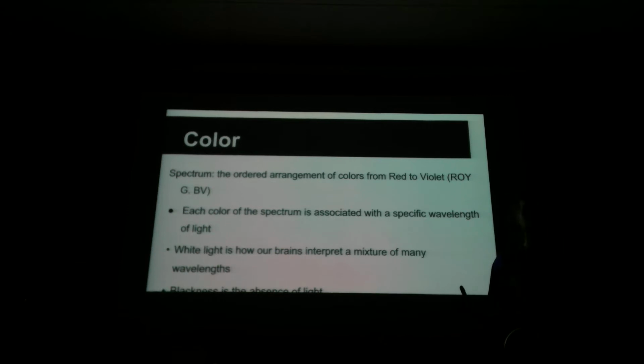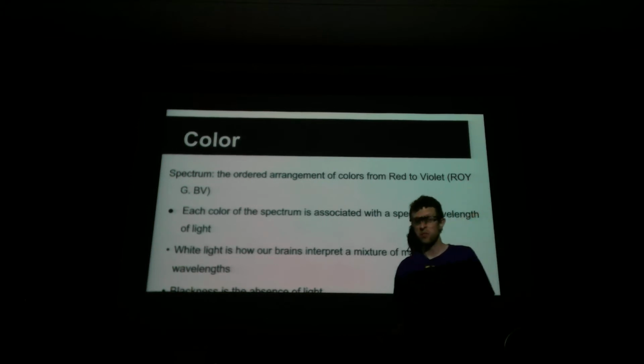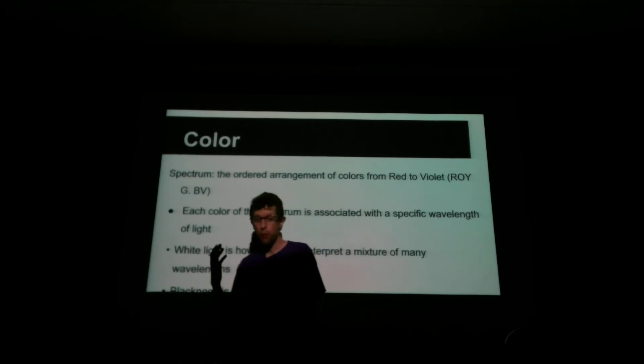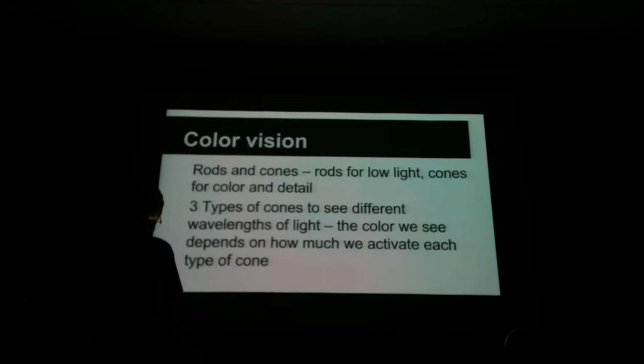We have to interpret that somehow. Sometimes we'll have multiple colors of light all together. They mix together, and we interpret that as a new color, some color that isn't actually there, that our brain invents. White light is just a mixture of lots of different colors of light. Black is the absence of light, or very, very little light coming from something.